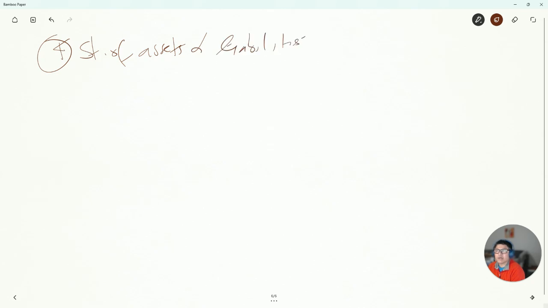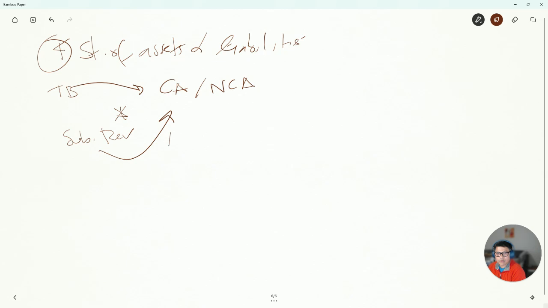So we're going to bring back from the TB all the current assets and non-current assets. Remember, there is one from the subscription revenue account calculation, the revenue accrual account, in other words the subscription arrears. You have to add that in here.